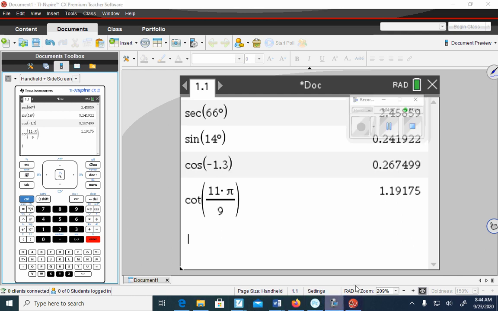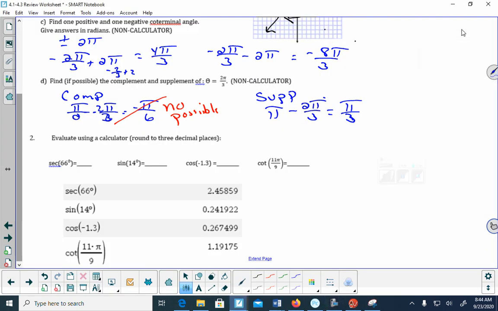Just to show the correct rounding, the secant of 66 degrees would be 2.459. The sine of 14 would be 0.242.